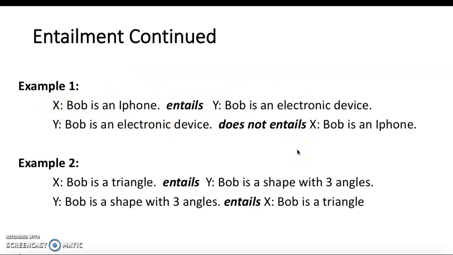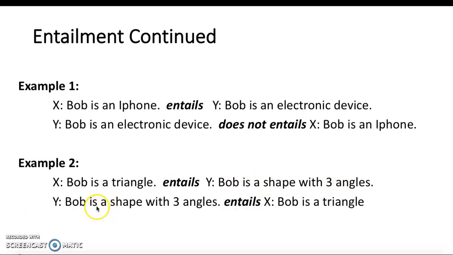Let's look at another example. Consider example 2. Now take X. X here is Bob is a triangle. Again, who is Bob? We don't know. All we're given is that Bob is a triangle. Well, if it is true that Bob is a triangle, then at the same time it has to be true that Bob is a shape with 3 angles. Note here that the entailment also goes the other way.